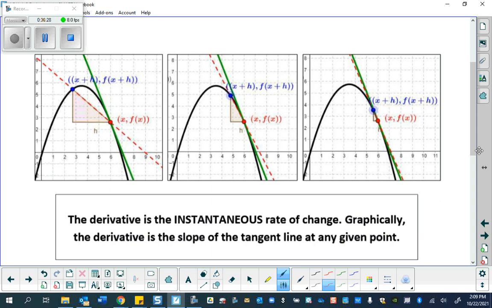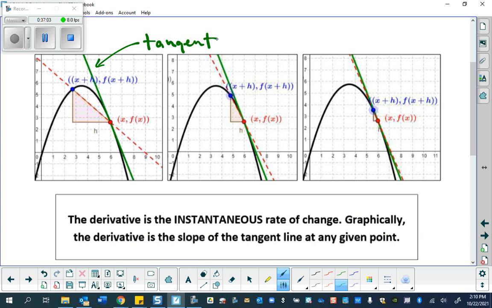I want you to balance that straight edge on the curve, and see this green line is what we call the tangent. And this tangent line, you'll remember from geometry, touches that curve at exactly one place. So slide that ruler so that you're really looking at it just touching one place, and see if that feels like it matches to you.